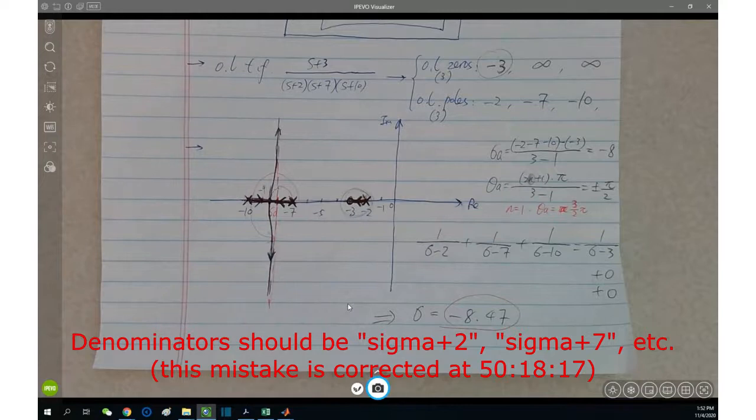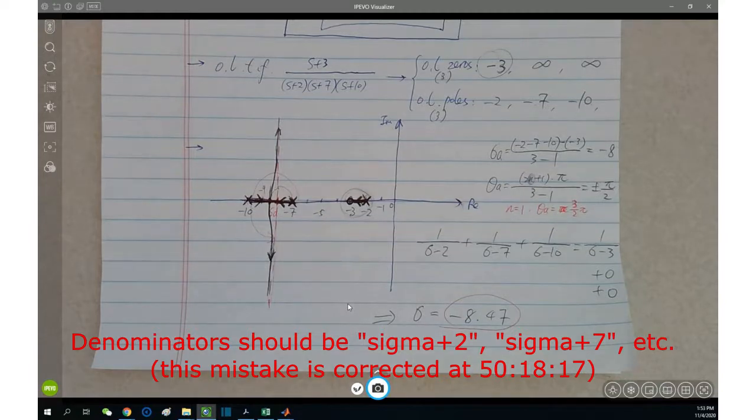That's the second asymptote, because remember, the root locus is symmetrical about the real axis, so does the asymptote. Perfect sense. Any other questions regarding this?